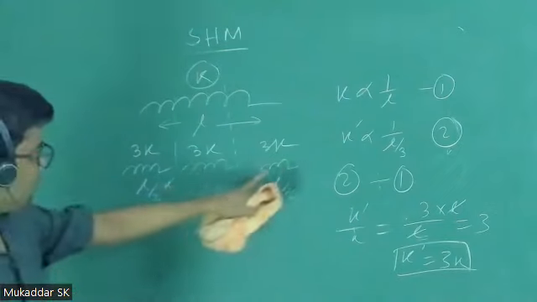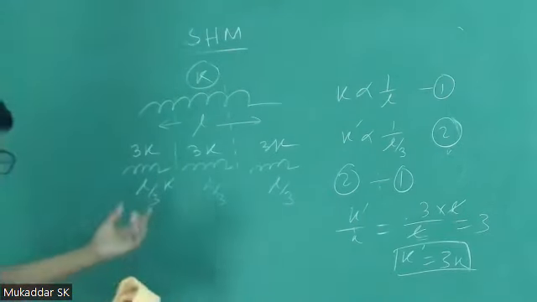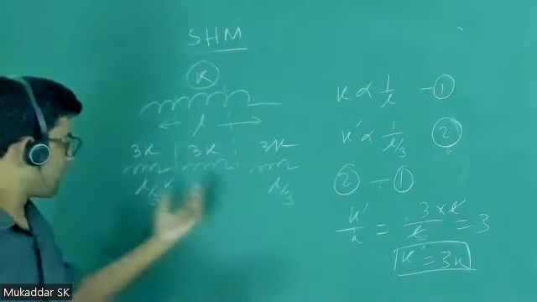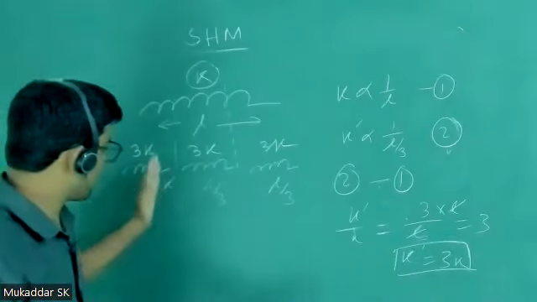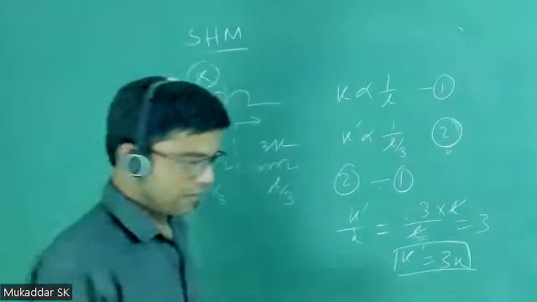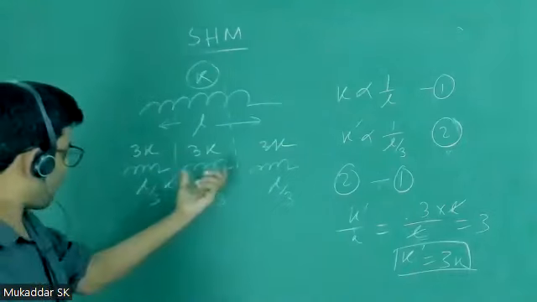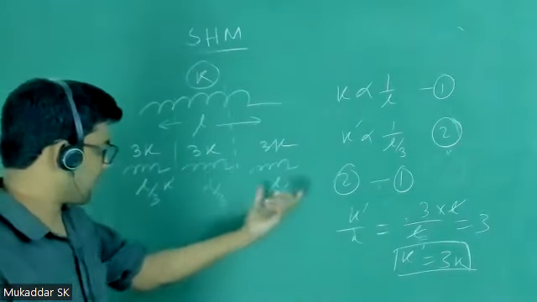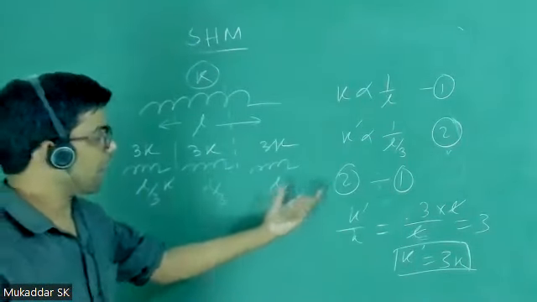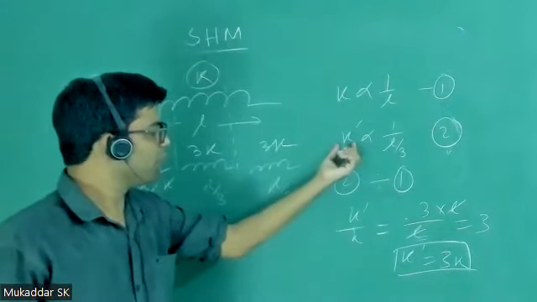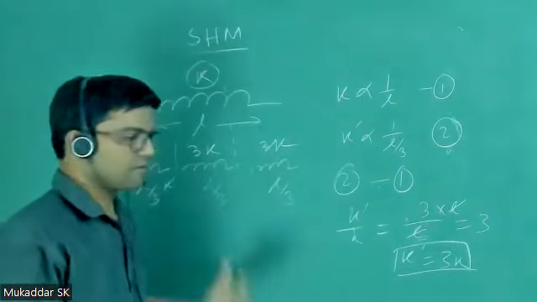And similarly, you can calculate for each. Here I have made it simple, I have taken equal parts. But if you divide into different lengths, suppose you are dividing into 2 parts, one is 2L by 3 and another is L by 3, you can calculate the spring constant of the new spring just by using its length.